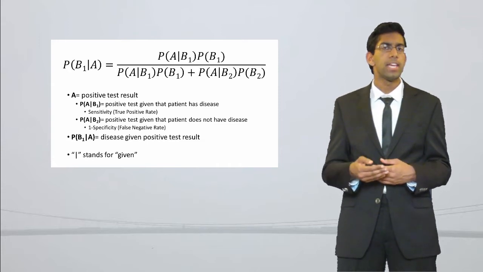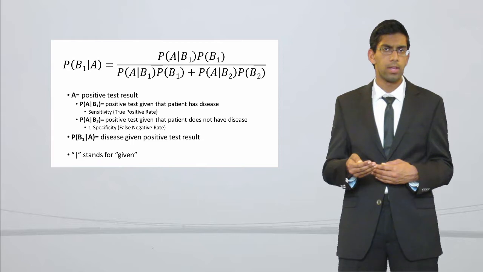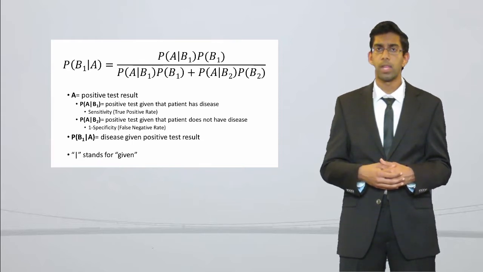So P of A given B1, reading across that term, is the probability that a positive test result comes back given the event that a patient has the disease. This, in other words, is our sensitivity value, or the true positive rate. P of A given B2 is the probability of getting a positive test result given the fact that the patient does not have the disease.